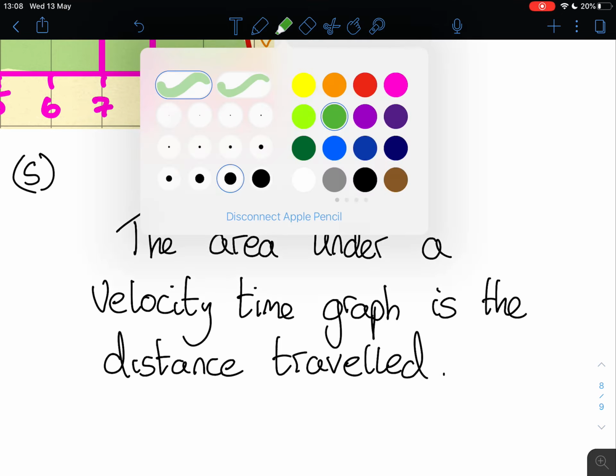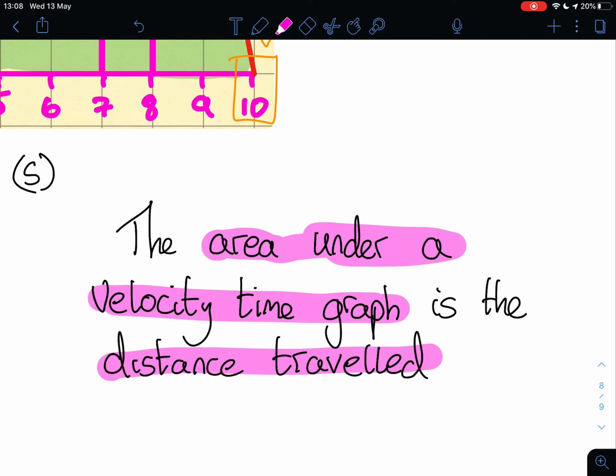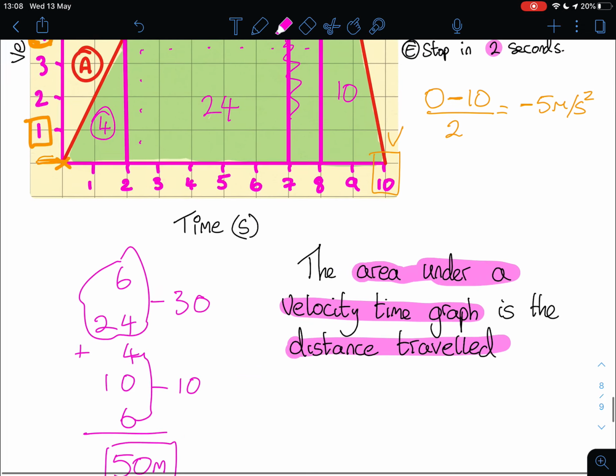Full stop. Get my highlighter out. Definitely key points area. So the area under a velocity time graph is the distance travelled. Really key to it. And that's it.